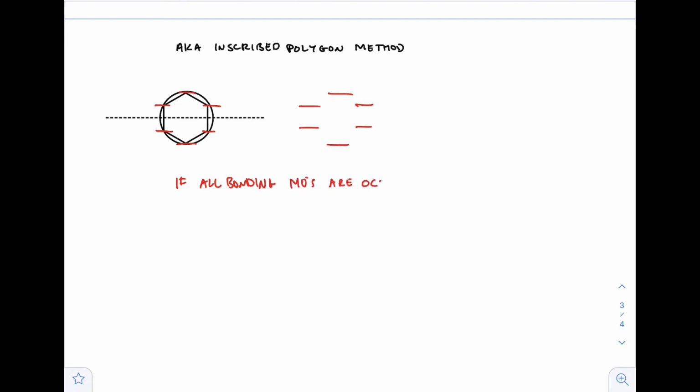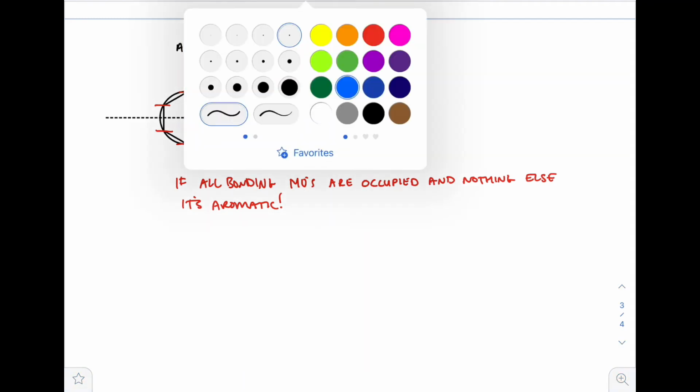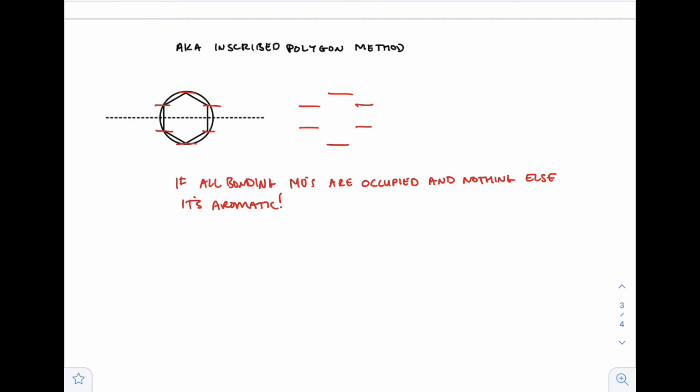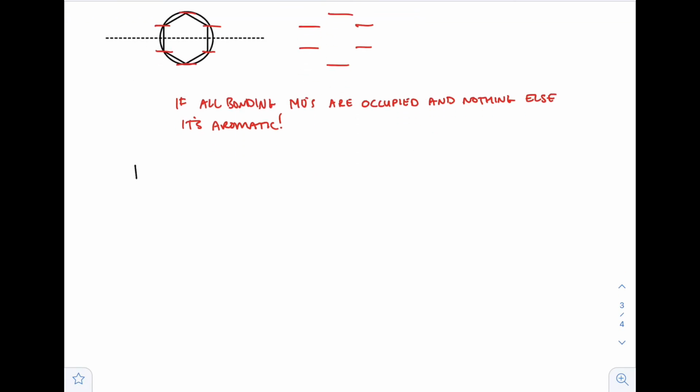So remember, if all the bonding MOs are occupied and nothing else is occupied, like the antibonding orbitals, then it's aromatic. And again, that dotted line is the point that divides the antibonding and the bonding orbitals. If the orbitals lie on that dotted line, then they are non-bonding orbitals, which is also bad to have electrons in.